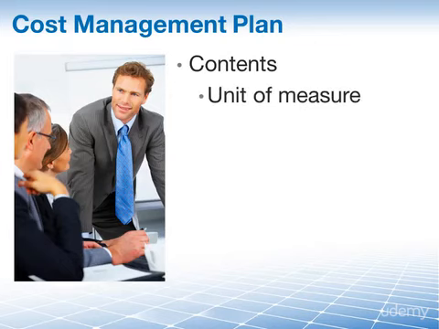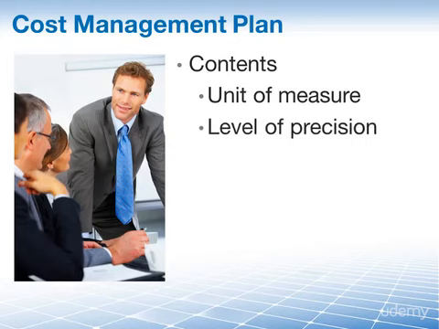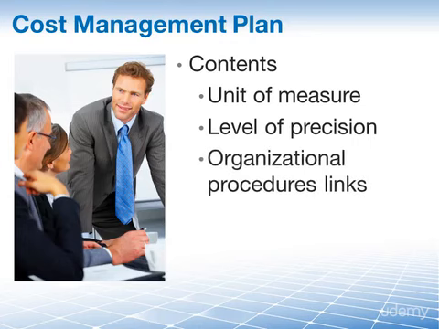So what is contained in the cost management plan that affects the project budget? The cost management plan defines the unit of measurements which should be used. It also defines the level of precision, whether you can round up or have to round down. We need the organizational procedure links to determining the budget. The work breakdown structure, the WBS, provides the framework to enable project cost accounting through the control accounts.